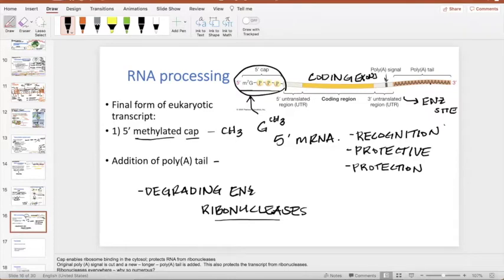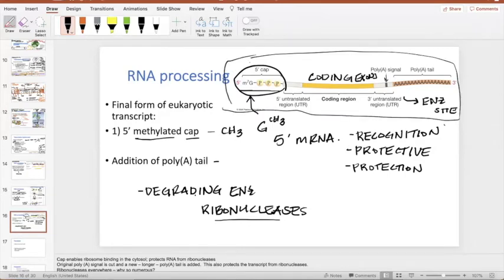Well, we do that because the conditions that cells are in change quite rapidly. So you might go from a situation where you're being chased by a bear to a situation where you've gotten into a safe space. So you no longer need all of the genes turned on that were previously on because your situation has changed. So you want this mRNA to not stick around very long so that you can rapidly change the function of the cell.